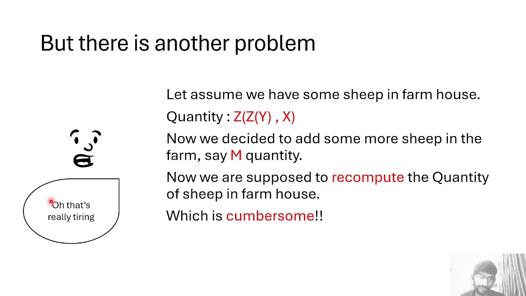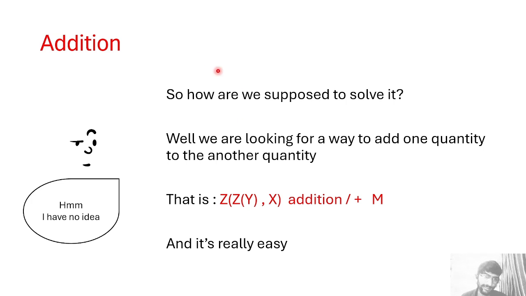So Frank knows that, oh, it's really tiring. So clearly we need a solution for that as well, and that falls under addition. So how will you add two strings that represent your quantity? Two strings of quantity, how will you add them?